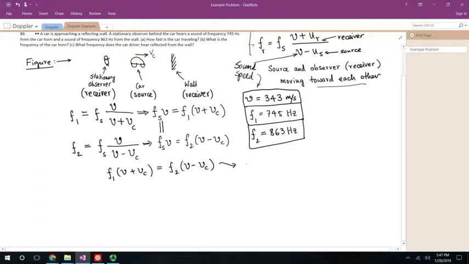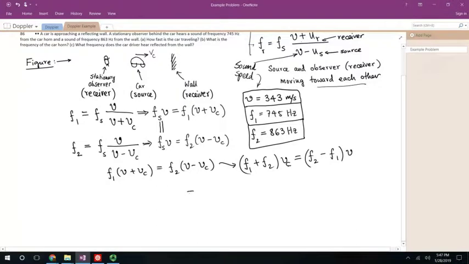So we'll bring all the terms that have Vc in them to the same side. So we're going to do (F1 plus F2) times Vc. So that will be equal to, and we're going to take all the other terms to the other side, (F2 minus F1) times V.